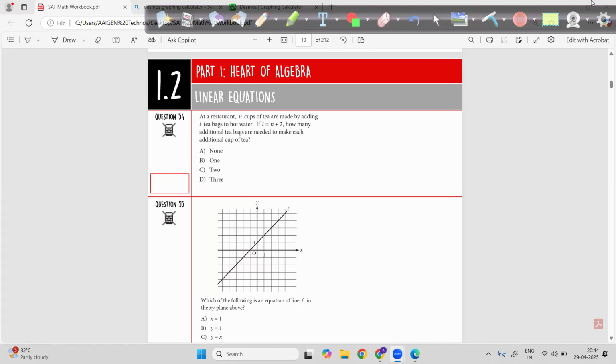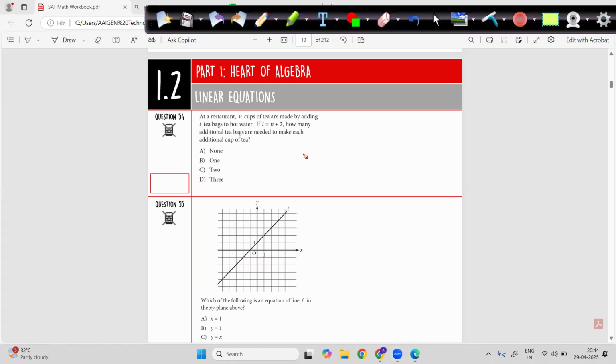Question number 54. N cups of tea are made by using tea bags and hot water. How many additional tea bags are needed to make each additional cup of tea? Even if you don't know anything, to make 1 cup, how many bags do I require? 3. To make 2 cups, how many bags do I require? 4. For each additional cup, see, questions are so simple.